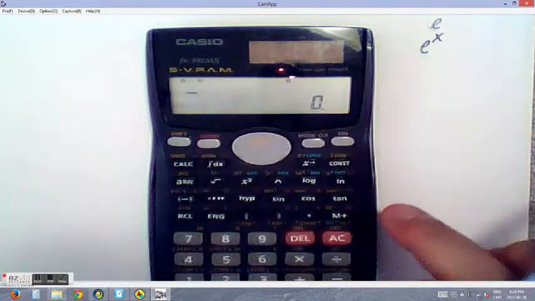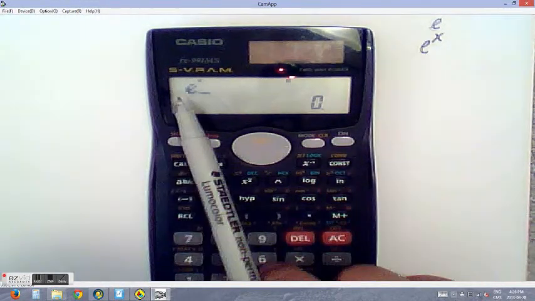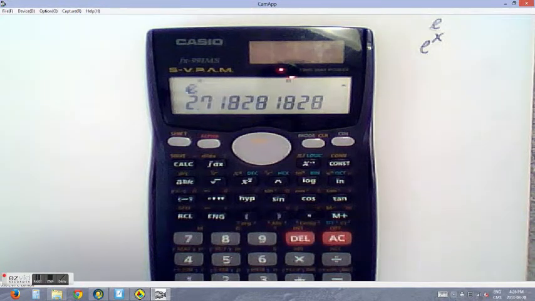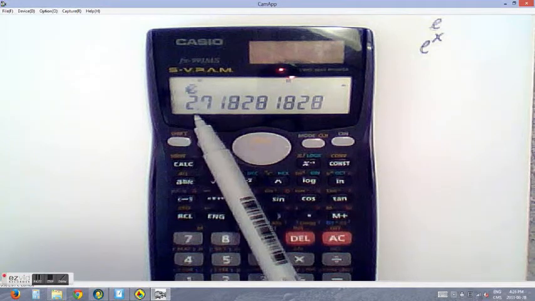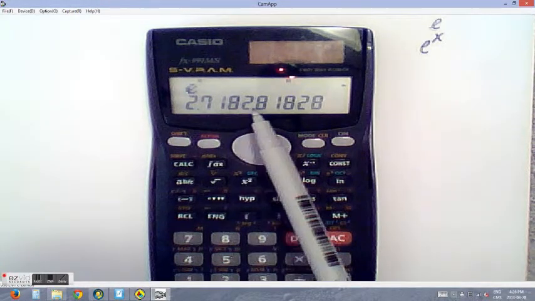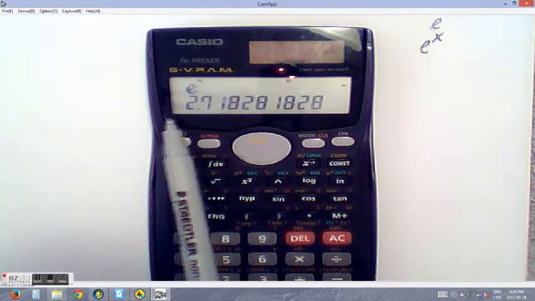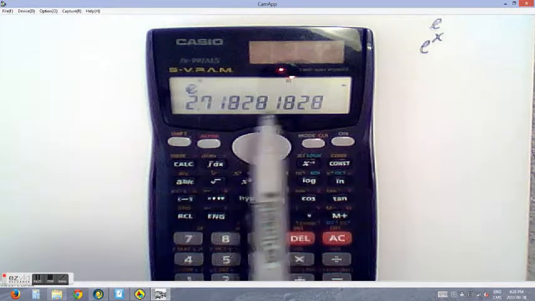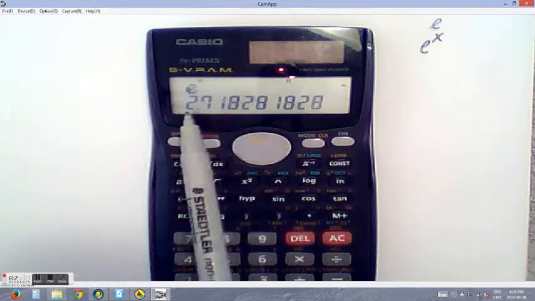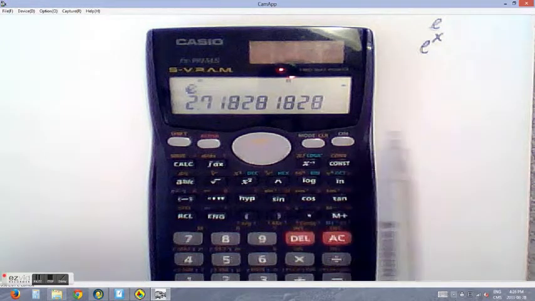On mine, you have to push alpha e, and yours might be different. You'll see here that's a scripted e, and there is Euler's constant, 2.718281828. I would just be happy with you using 2.718. I even used 2.71, but correctly you probably should put 2.718.